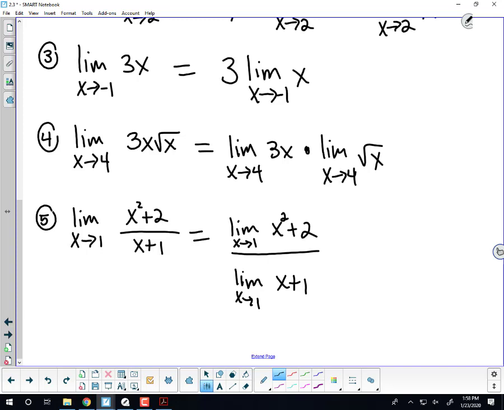We alluded to that last class, maybe indirectly, but just think about if your numerator was 5, let's say, and the denominator is approaching 0, what would happen to your quotient? What's 5 over a number that's getting smaller and smaller?